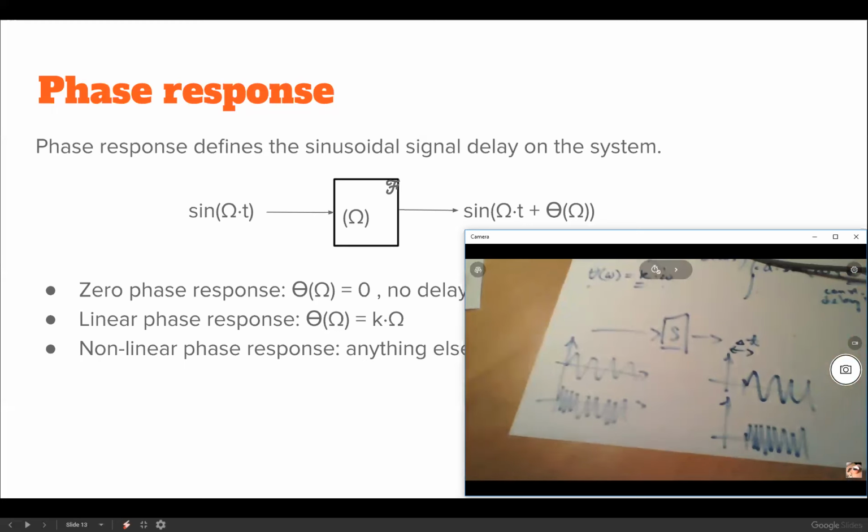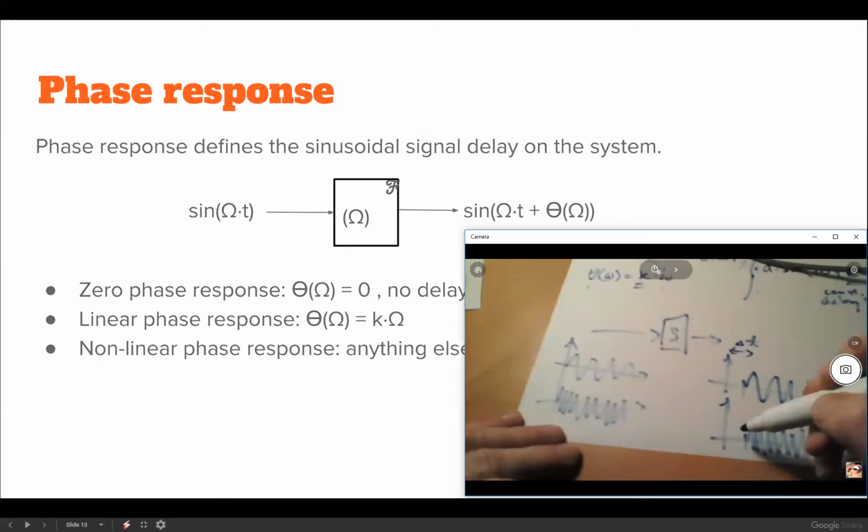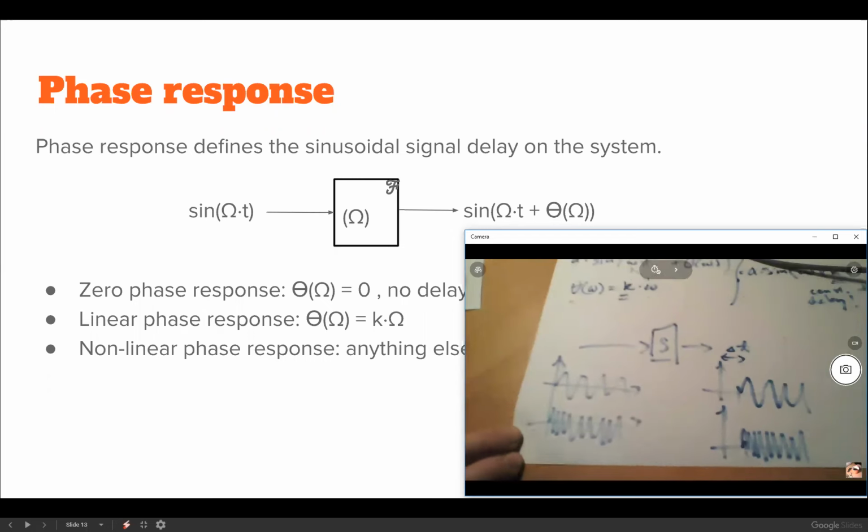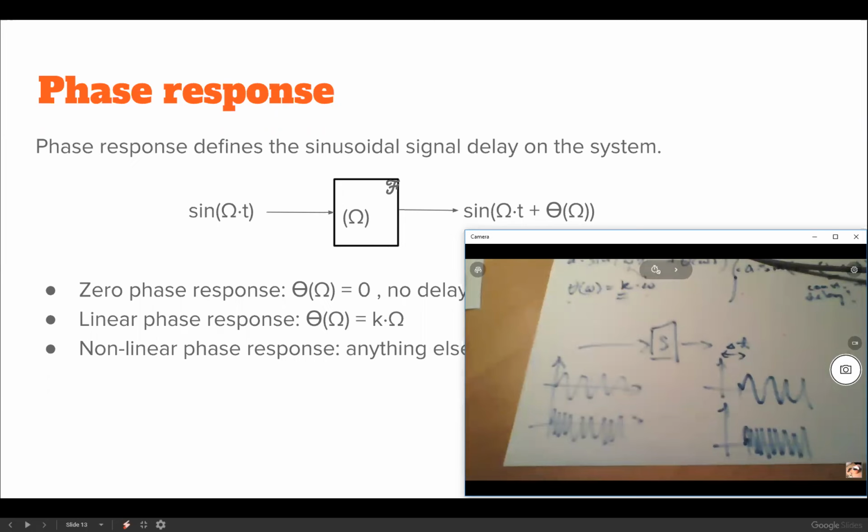For example, if you are carrying a multiple frequency signal, you don't want these different parts of the signal to get out of phase. You want to keep them happening at the same time. And that can be done only if you have a linear or nearly linear phase response. Extremely important in data transmission with multiple frequencies.